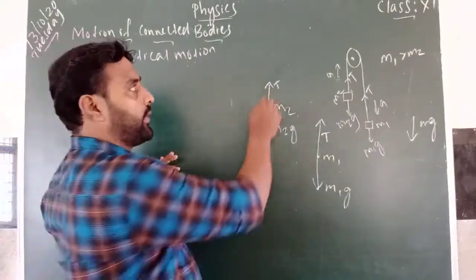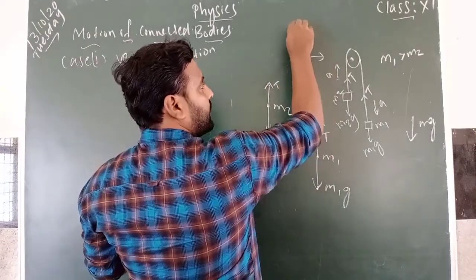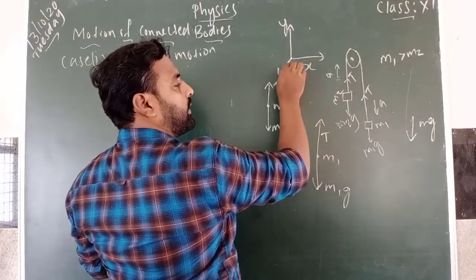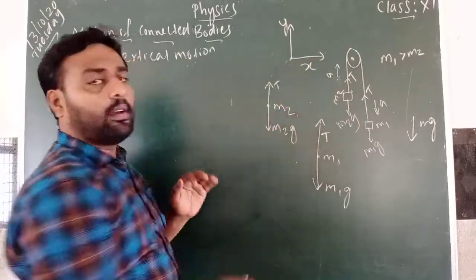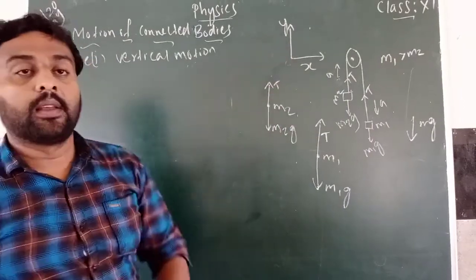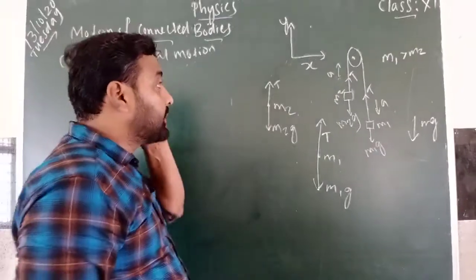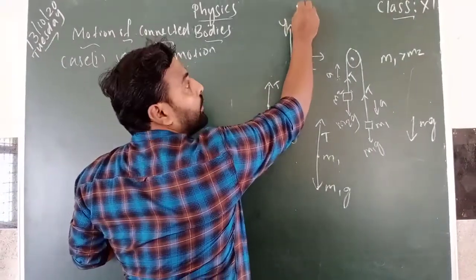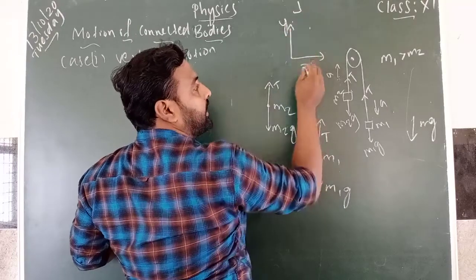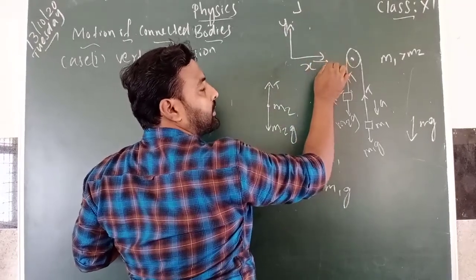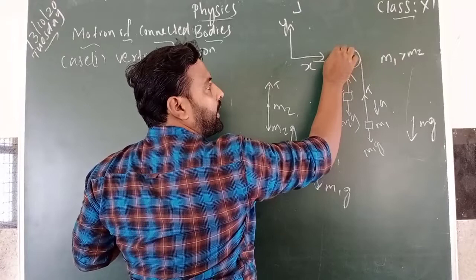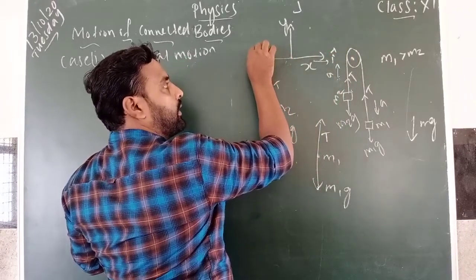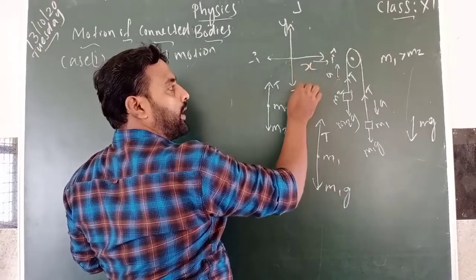And you know the unit vectors, x direction and y direction. Here we need only x and y, so this is enough. Y means the unit vector j. This direction is plus i, and the opposite direction is minus i. Upward is plus j and downward is minus j.